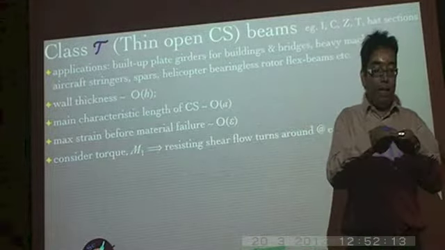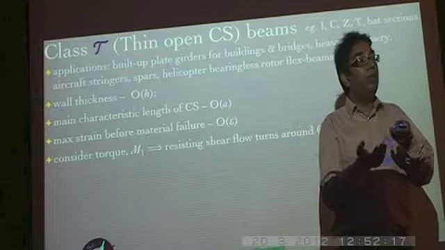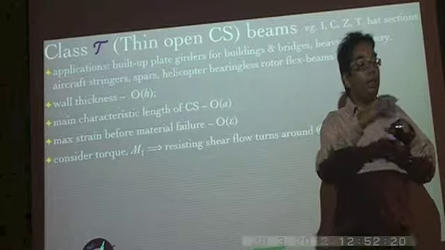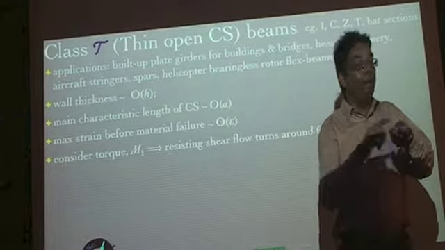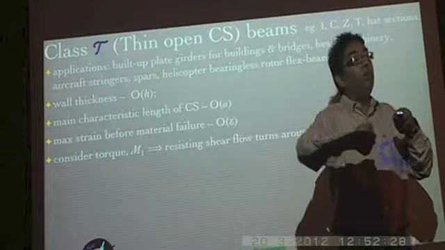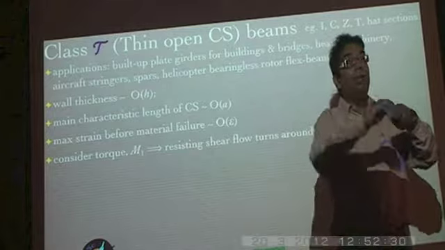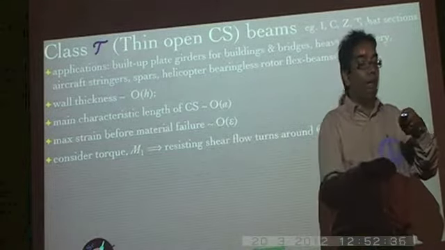If I apply torque to a cross section and cut it here, there is going to be a shear, and the shear in the upper portion will be in one direction and the shear in the lower portion will be in the opposite direction, to resist the torque that I am applying.